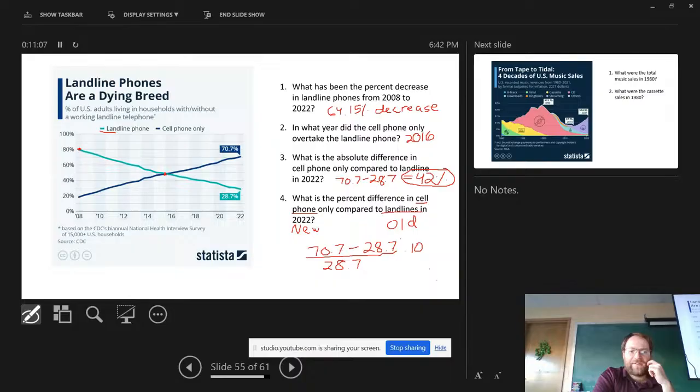Times 100%. Was that 146? Okay, 146. And then if we kept going, 0.34%.